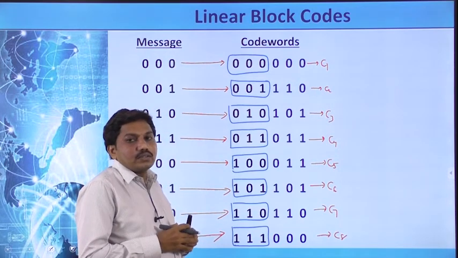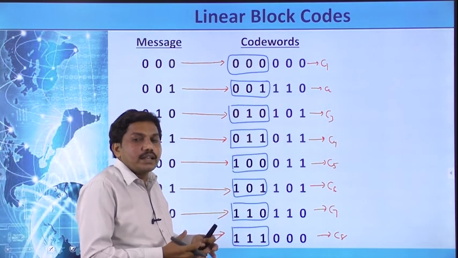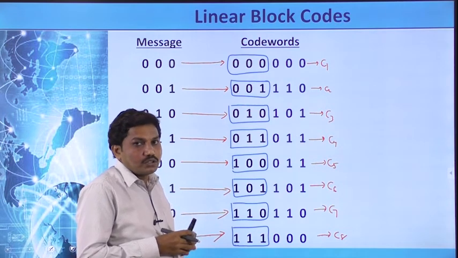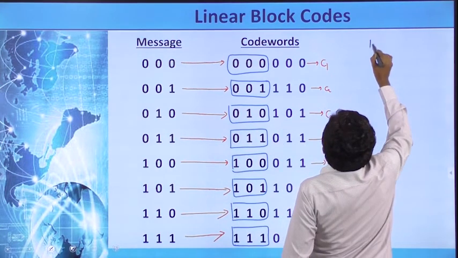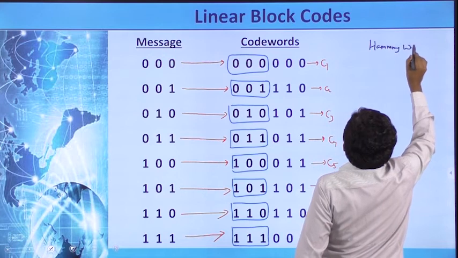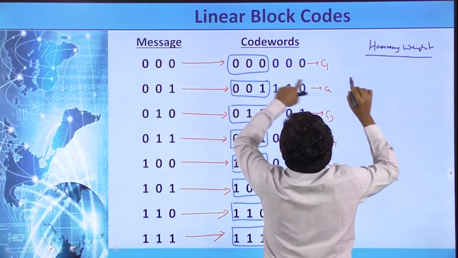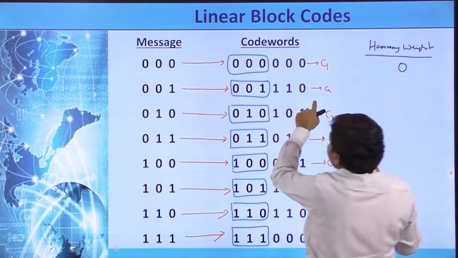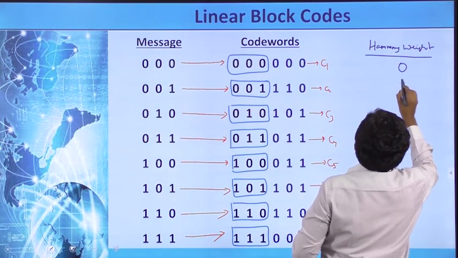The second one in this problem is, we need to calculate the minimum distance between any pair of the code words. So how to calculate it: first calculate the Hamming weight for each code word. What is the Hamming weight of C1? C1 is simply 0. Coming to C2, how many ones are there? 1 2 3. So 3.